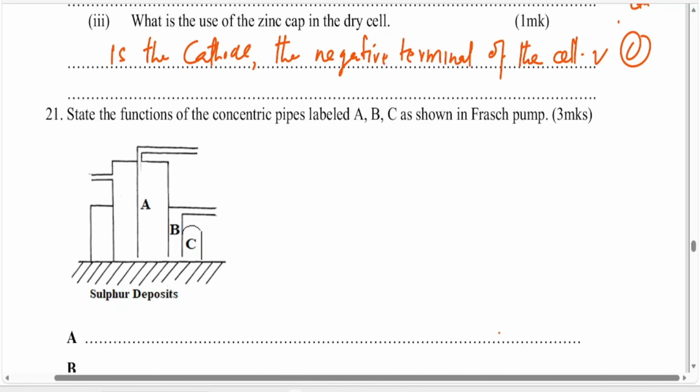So according to what is presented to us at this point, this is the innermost pipe, then we have the middle pipe, then we have the outermost.